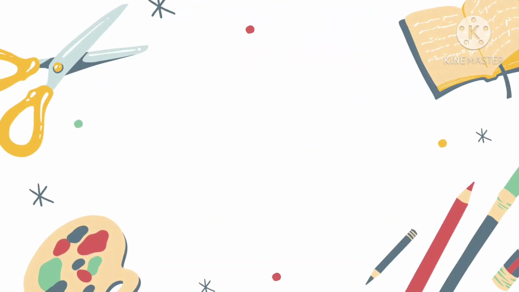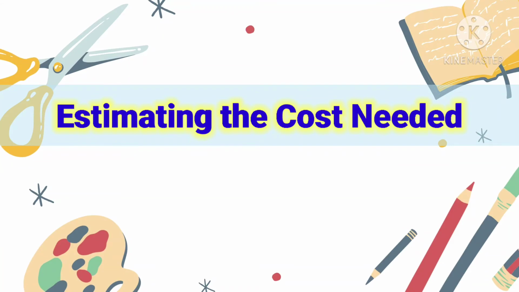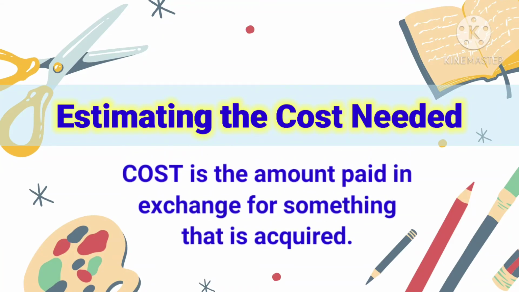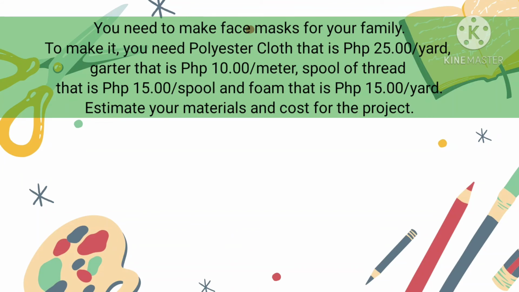Now, let's proceed to our second topic, which is estimating the cost needed. What is cost? Cost is the amount paid in exchange for something that is acquired. For example, you need to make face masks for your family.